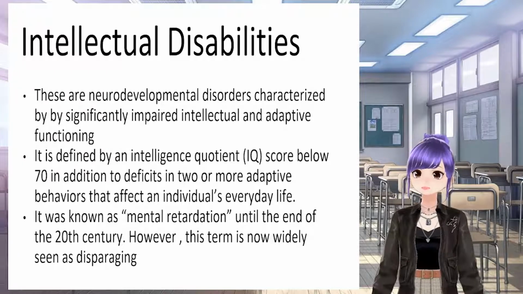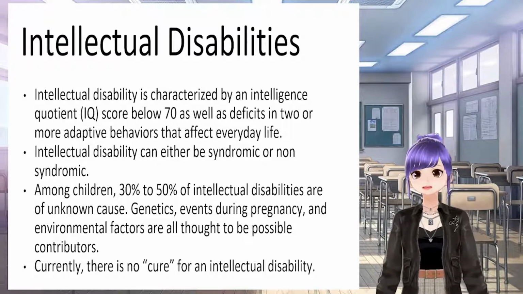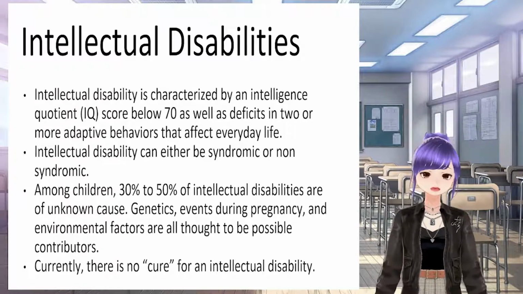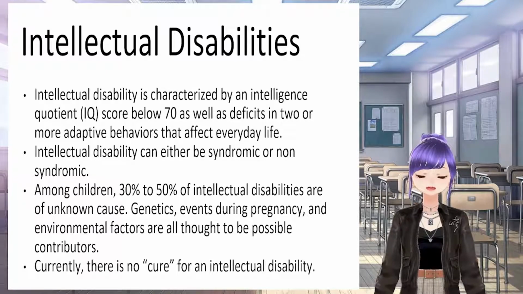So, what are some key points regarding intellectual disability? Firstly, it is characterized by an intelligence quotient below 70 as well as deficits in 2 or more adaptive behaviors that affect everyday life. So, not only is there the cognitive function side, but also the adaptive function side.